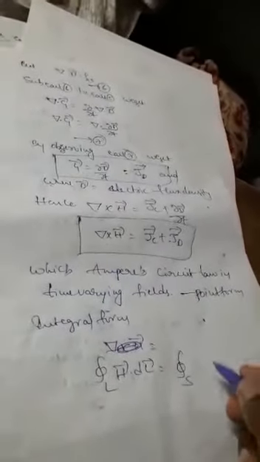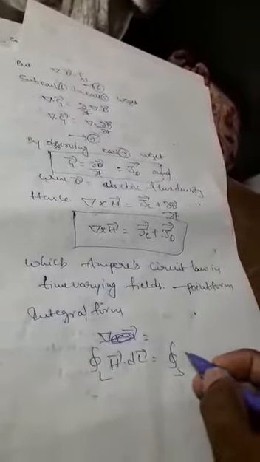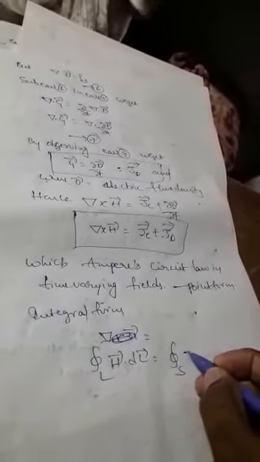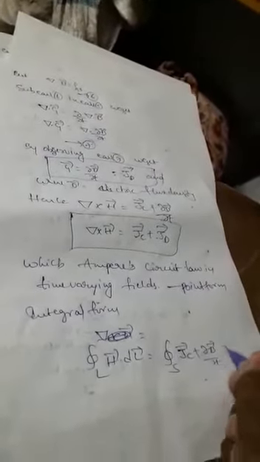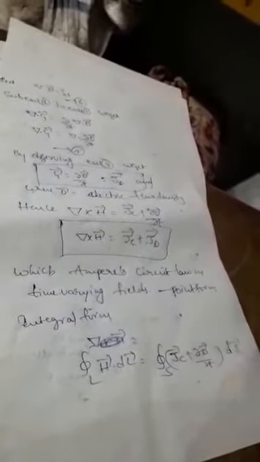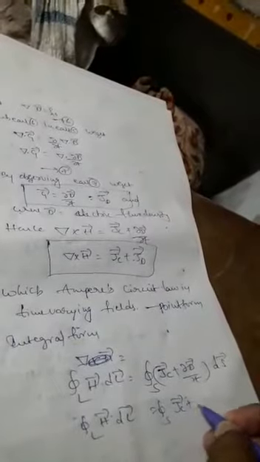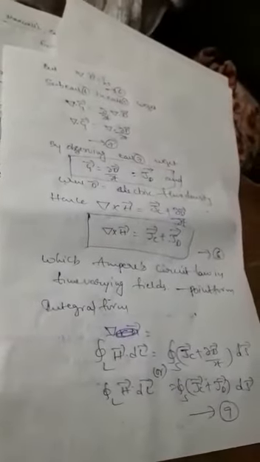Here I enclosed means Jc bar plus Jd bar, that is dou D bar by dou t, dot ds bar. So closed line integral of H bar dot dl bar is equal to closed surface integral of Jc bar plus Jd bar dot ds bar, where Jd bar is dou D bar by dou t. This is the integral form of Ampere's circuit law for time varying fields.